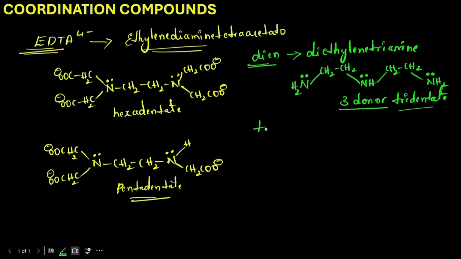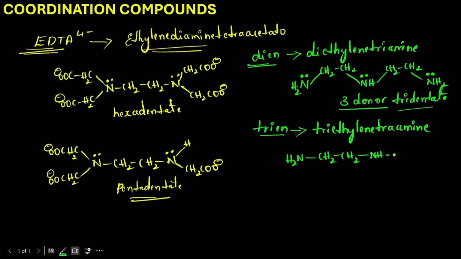If we consider trien, trien means triethylenetetramine. We will write the structure of triethylenetetramine, that is here NH2, CH2, CH2, NH, CH2, here CH2, and here NH, again CH2, CH2, NH2.